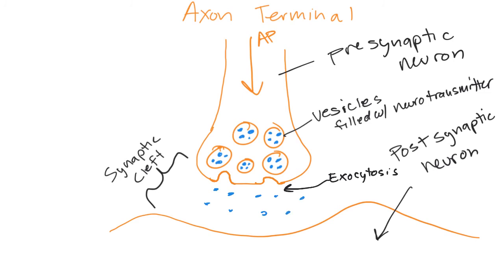Yep. Is it still a voltage regulated channel that opens and allows calcium ions in? Yeah, it's not necessarily calcium. Actually, with the neuron, it's going to be sodium. Okay. But yes, a voltage regulated sodium channel.